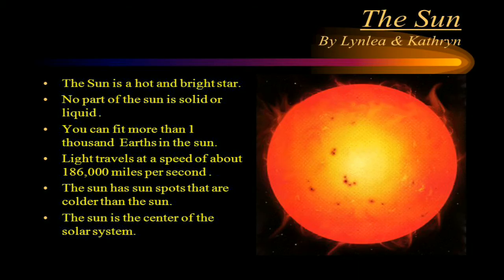The sun is hot. Here we can see a photograph of the sun, red in color. The sun is a hot and bright star, and no part of the sun is solid or liquid.